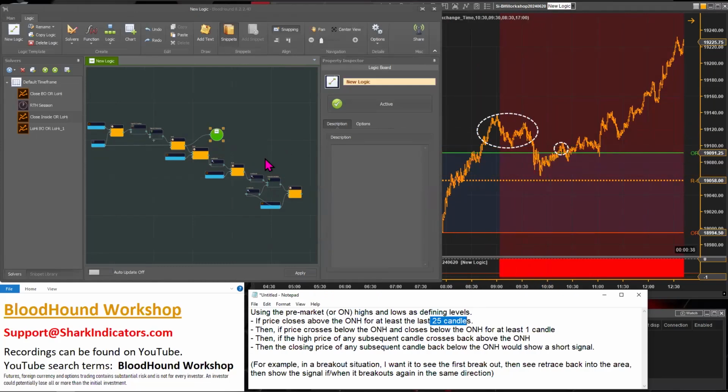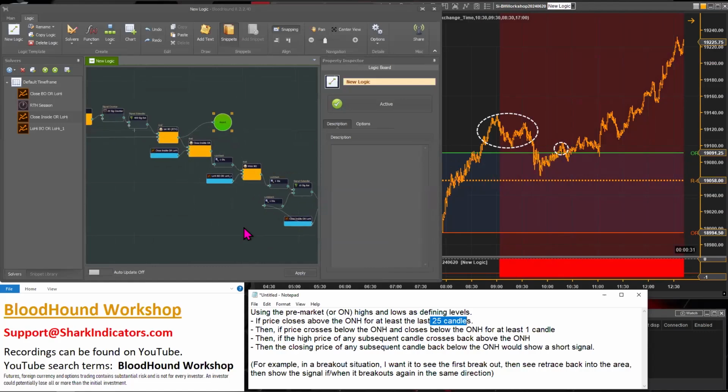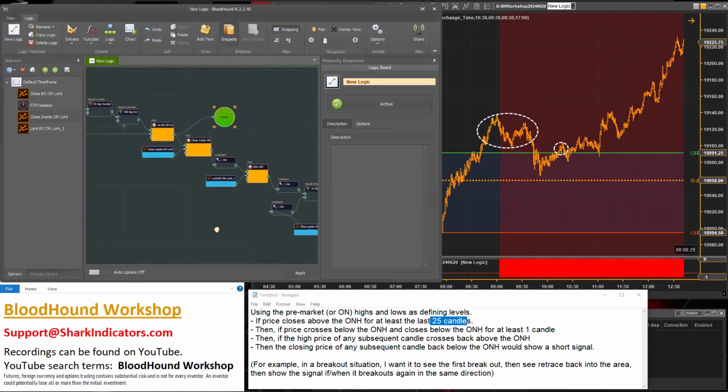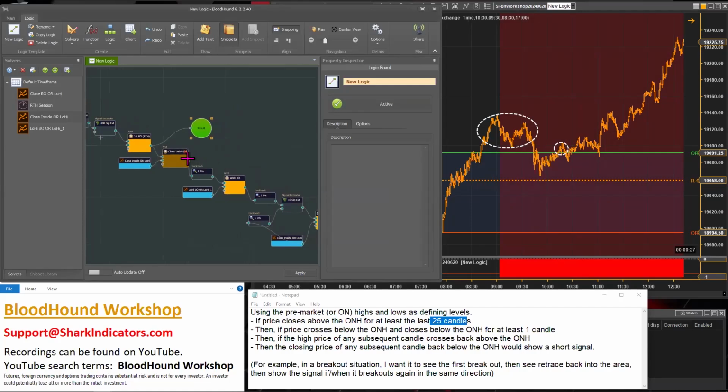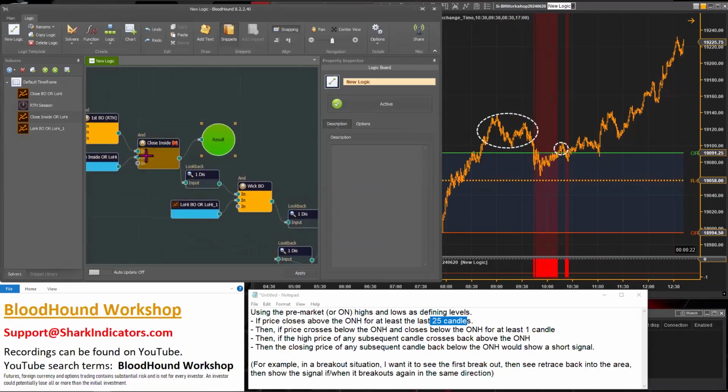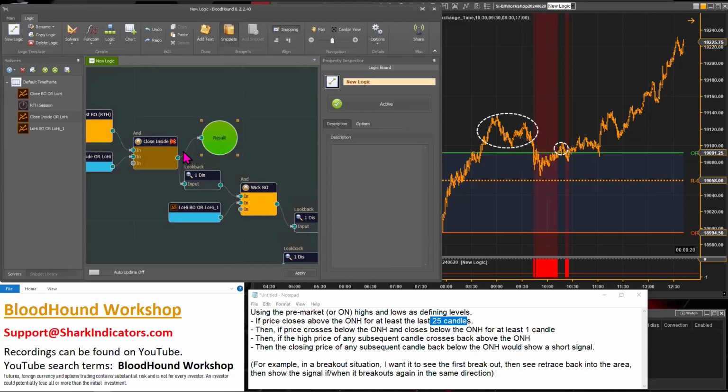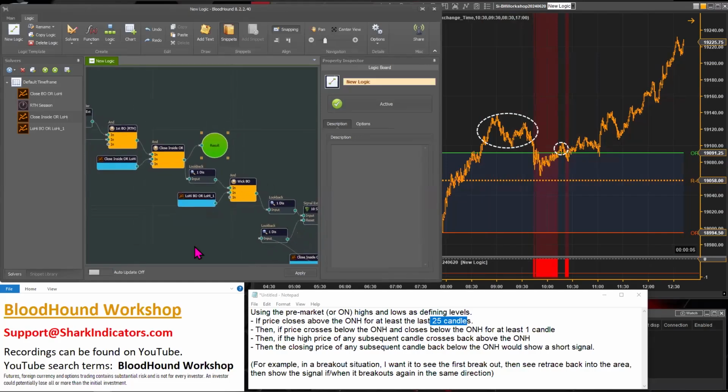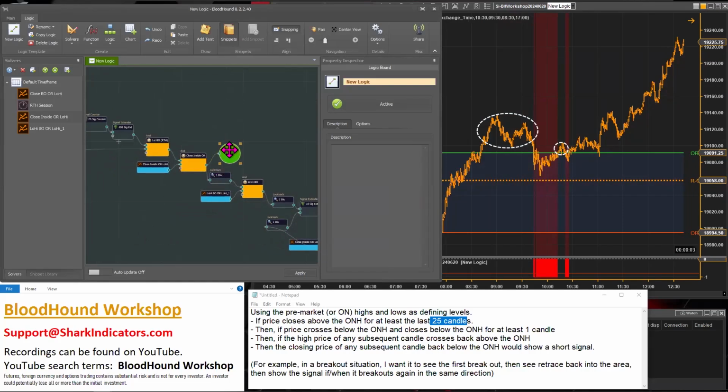And so, if we wanted to modify all this to look for another breakout, let's see what we can do here. At this point, the close goes inside the opening range.